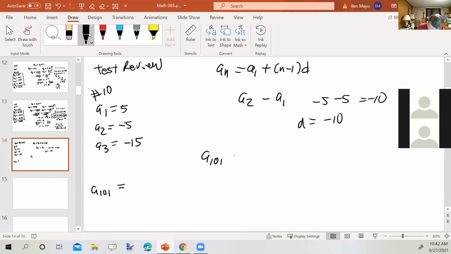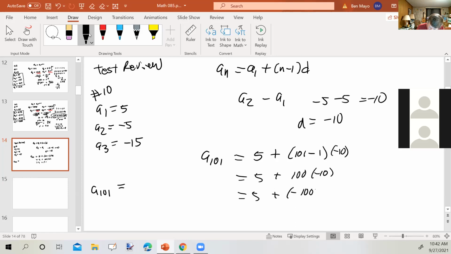So a sub 101 is a sub 1, which is 5, plus 101 minus 1 times -10, which is 5 plus 100 times -10, which is 5 plus -1000, which would be -999. No, excuse me, -995. Okay. Any questions about that one?